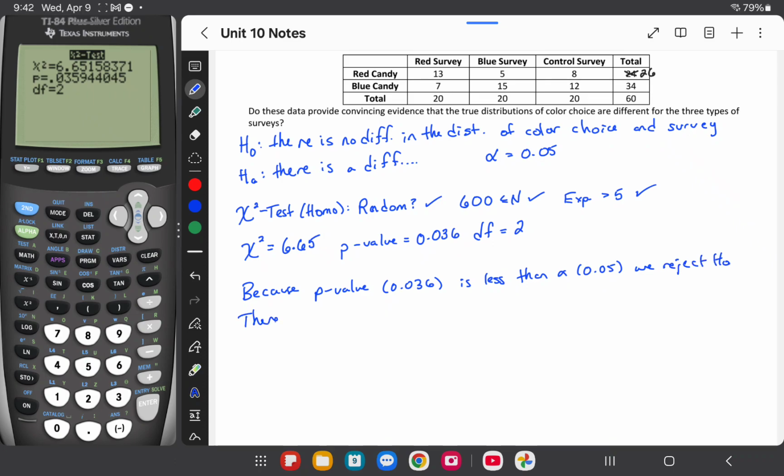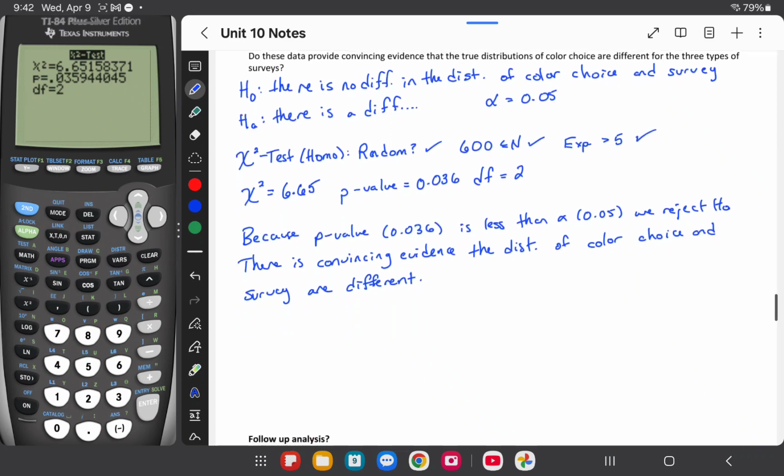In other words, there is convincing evidence that the distributions of color choice and what survey they were given are in fact different. In other words, it does appear that the color of the survey had some kind of an impact on whether or not they chose a red or blue candy.